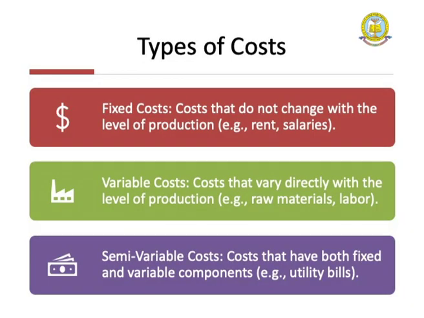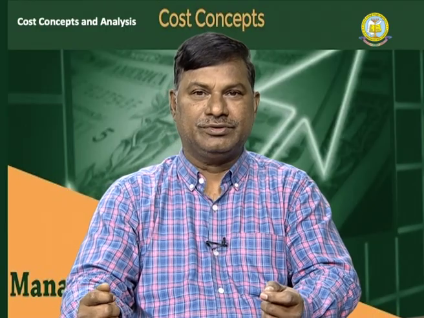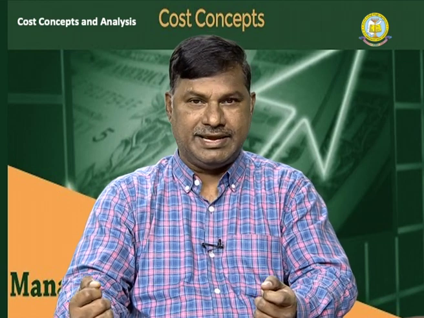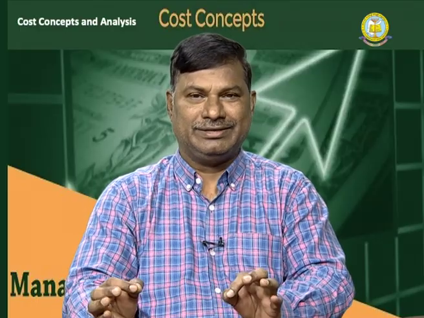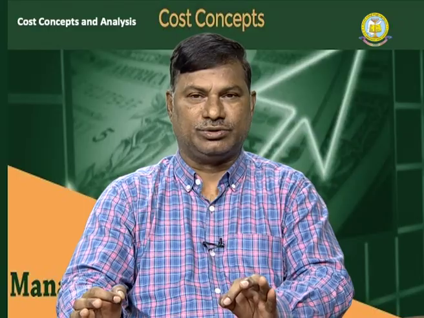Now let's look at variable costs. What are variable costs? It is the opposite of fixed costs. As you produce, so is the variable cost incurred. For example, if you want to produce a job weighing 2 tons, you have to use 2 tons of steel, and there may be some components assembled in that job, but the steel required is 2 tons.